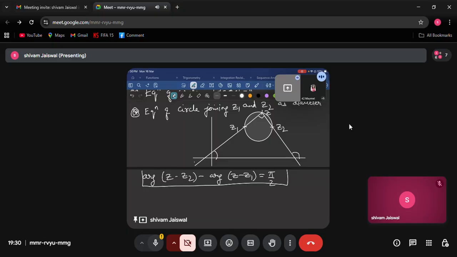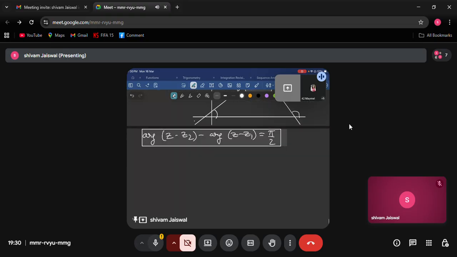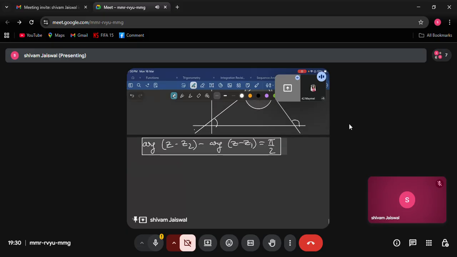So this is the equation of locus of a circle with z1 and z2 as diametric ends. But actually, this will represent only the upper half of the semicircle.